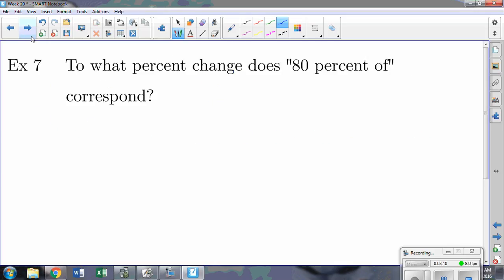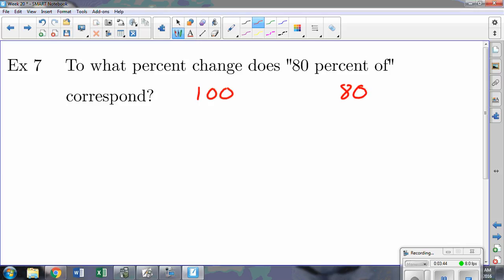Next example. What percent change does 80% of correspond to? Of course, the key characteristic here: if you have 80% of the original 100, what happened to it? We went from having the original 100, and now we only have 80.